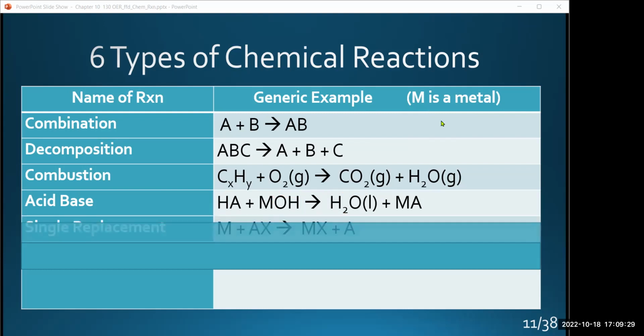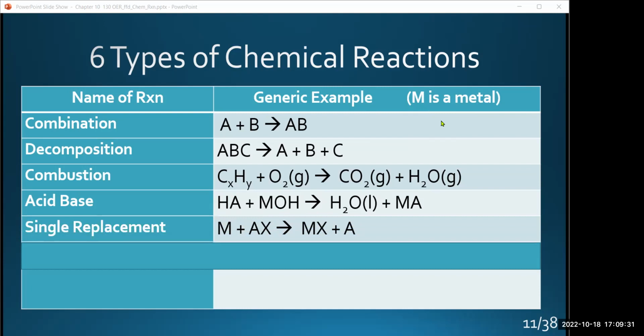Now we have the fifth type, called a single replacement reaction. Let's take a look at this. You have an elemental metal reacting with another metal that's in ionic form. So we have an element reacting with an ionic compound.